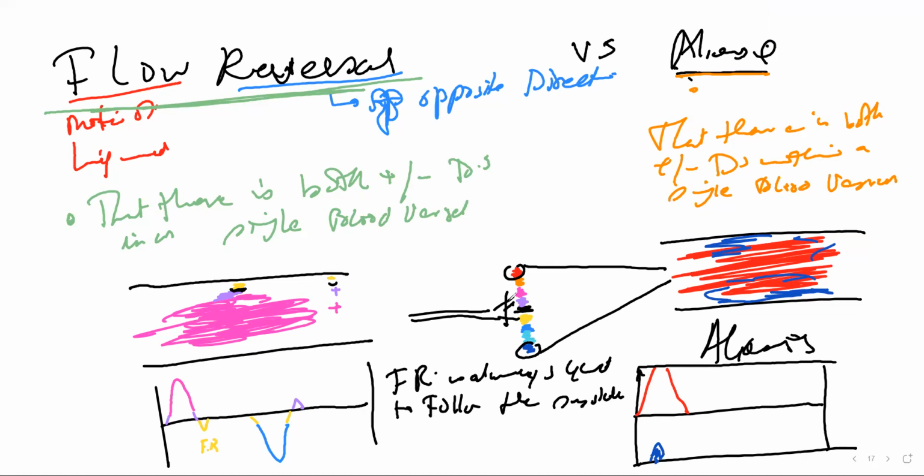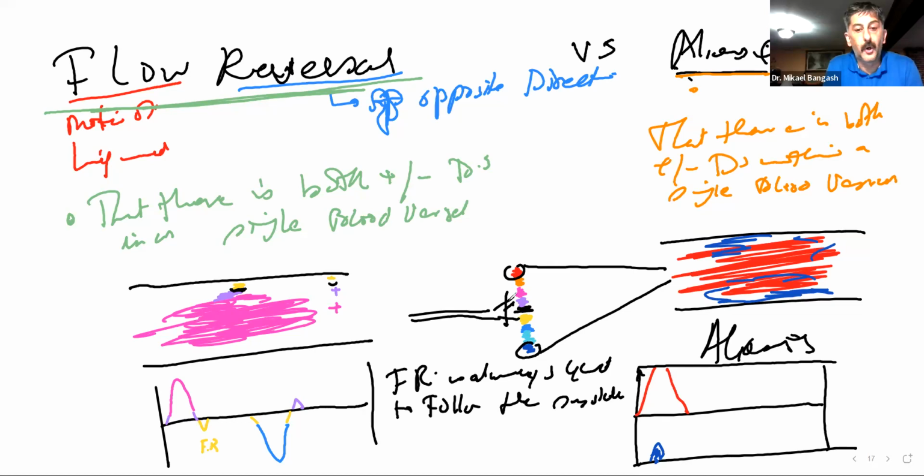What does it say in the black? Flow reversal is always going to follow the systole. You see, this is how your graph goes as you record. So this is first, followed by this. Or you can look at it in this way. Heart contracts, right?